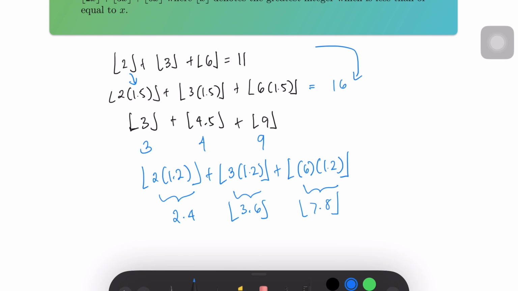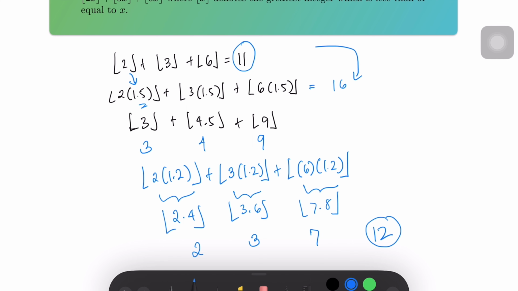Get the floor of that, we get 2, 3, and 7. If we add them, we get 12. So, from 11, we got 12 by jumping from 1 to 1.2. And then the next one, at 1.5, we get 16.